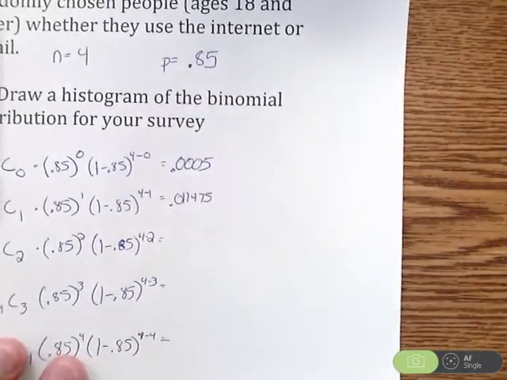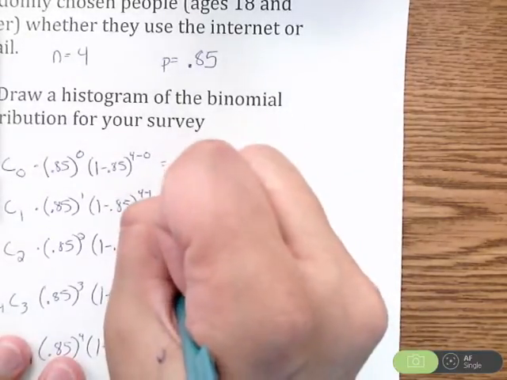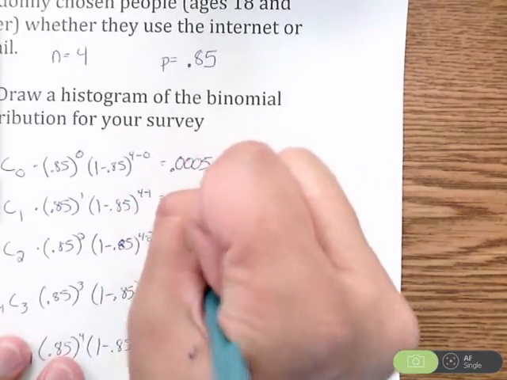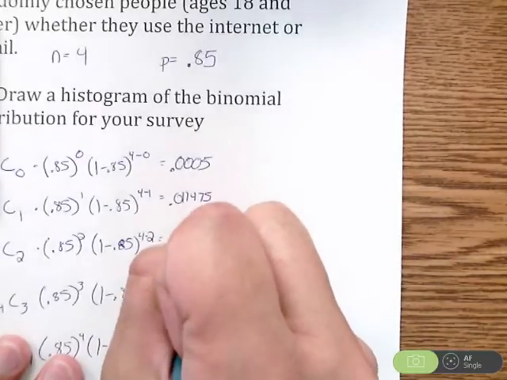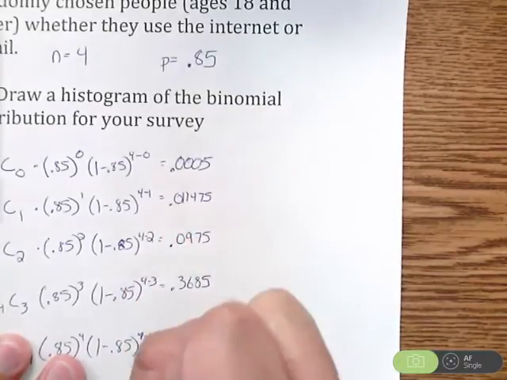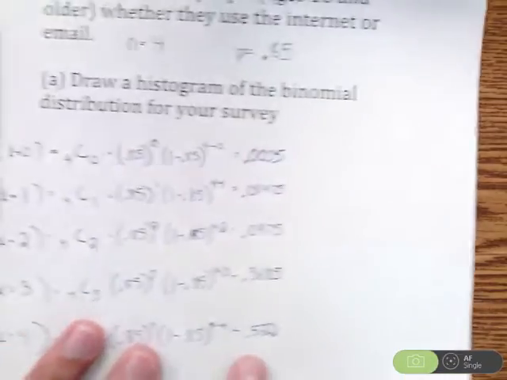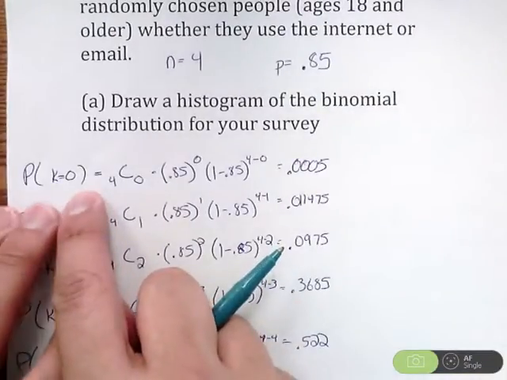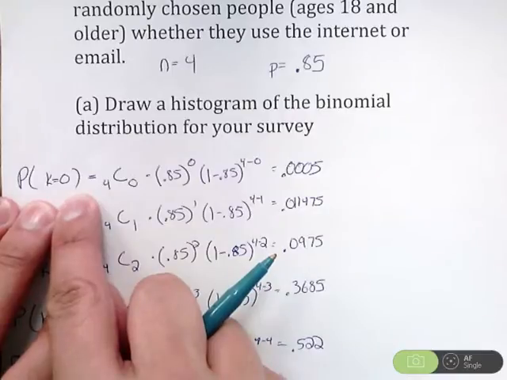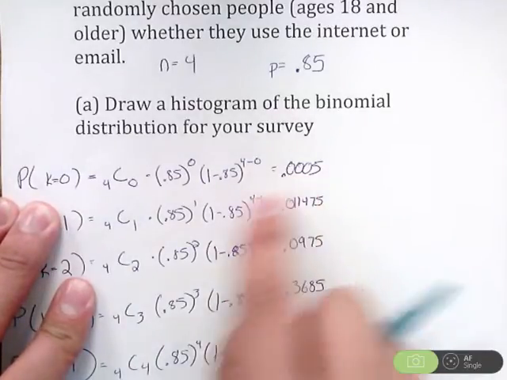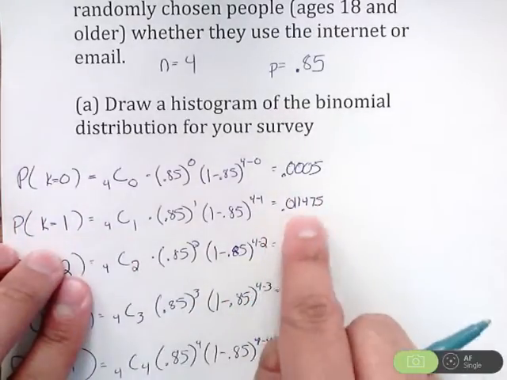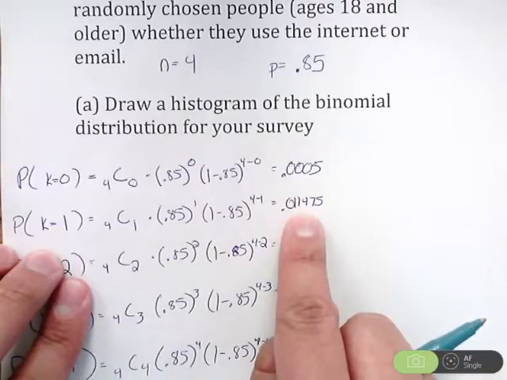And again, if you want to see these, you can pause it, type it into your calculator, and check if you get the same thing. 0.0975 for this one, 0.3685 here, and 0.522. So the probability that we have 0 out of 4 say they use internet or email is 0.0005. The probability that 1 out of 4 use the internet or email, 0.011475.